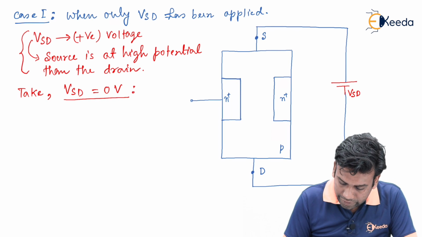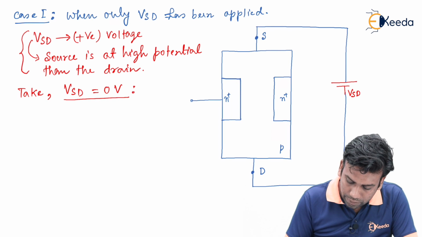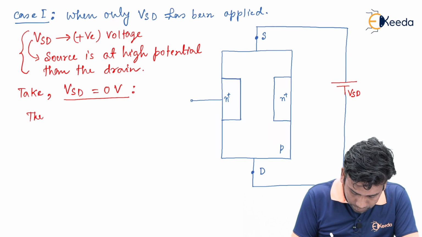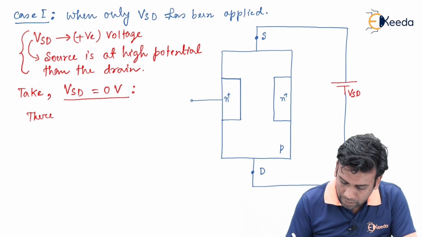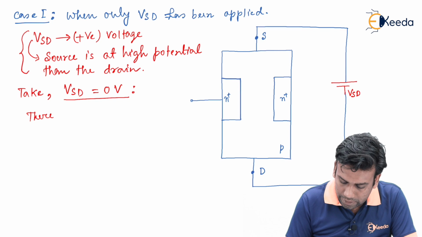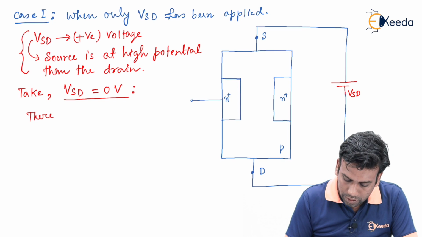If this VSD is 0 volt, then what will happen? There will be no flow of holes inside the material, and that's why we will get no current inside the material. That means the ID current will be 0 inside this P channel JFET.